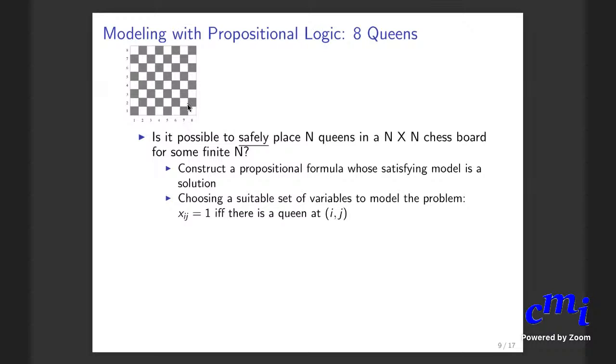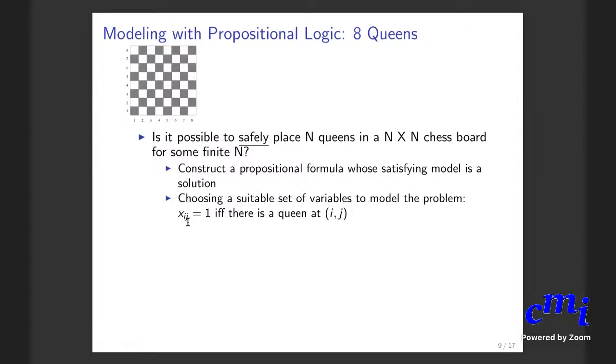There are 64 possible positions depending upon the row and column location. For each of them, we associate a variable.